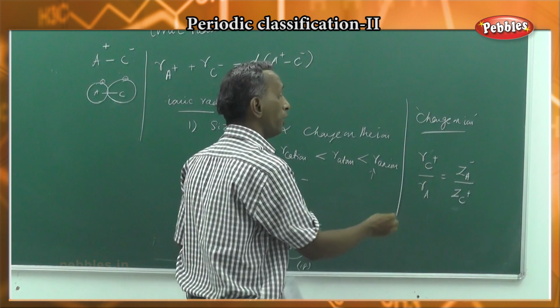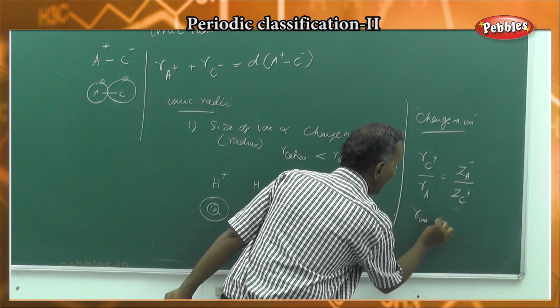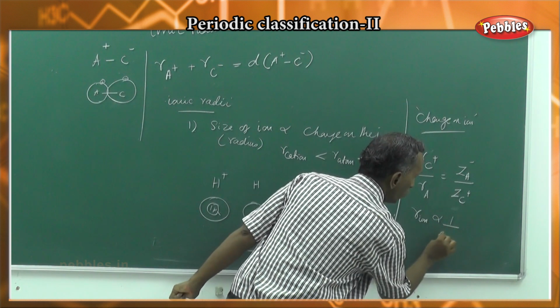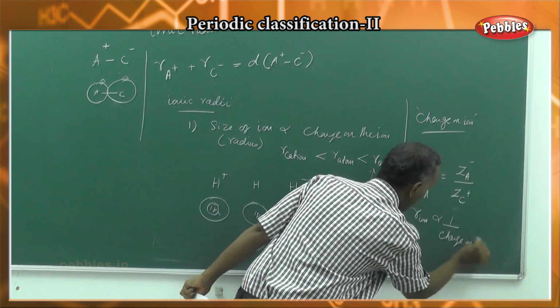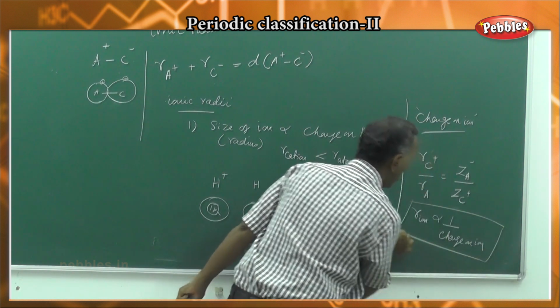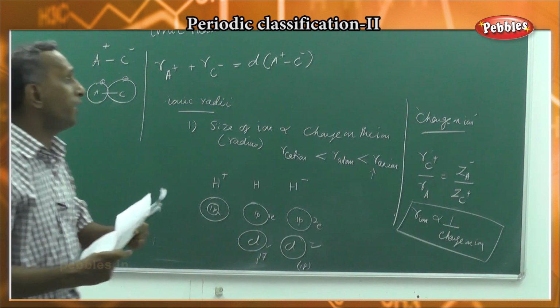So in other words, the radius of a particular ion is inversely proportional to the charge on the same ion. So this is to be noted.